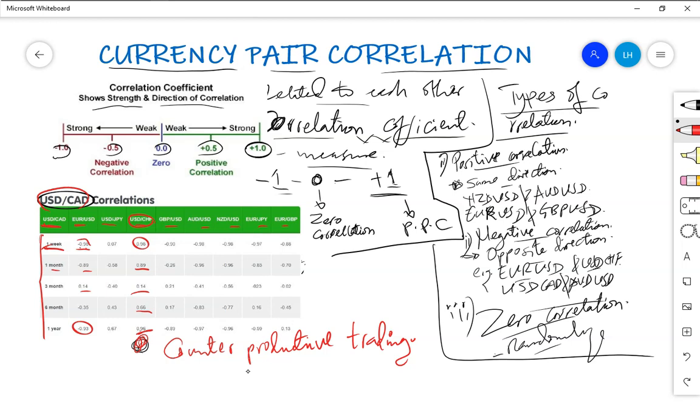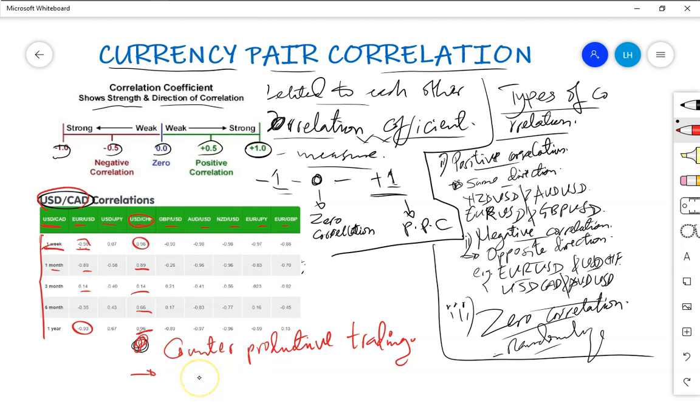Now in counterproductive trading, we're talking about the idea that you may trade maybe 2 currency pairs or 3 or anything else at the same time, but mainly let us consider when you are trading 2 currency pairs.